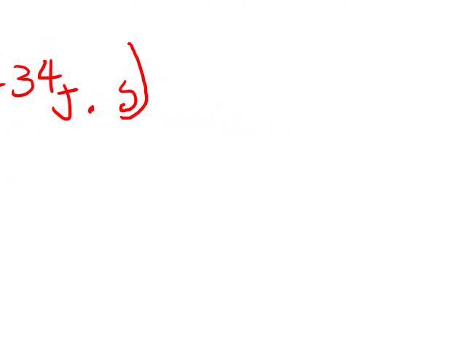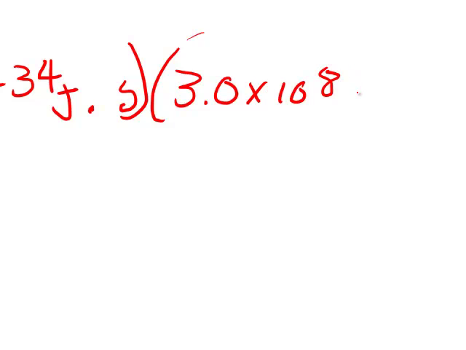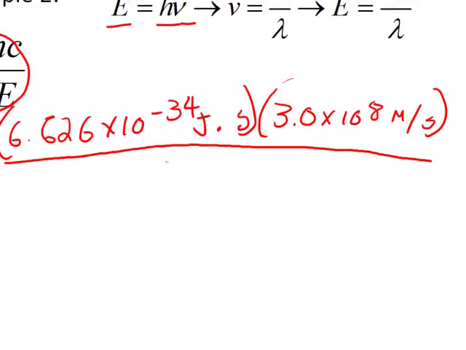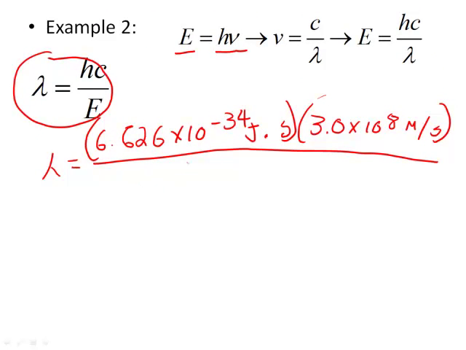I want to multiply that by my speed of light, which is 3.0 times 10 to the 8th meters per second. Then I want to divide that by my answer to the first one, which was 1.633 times 10 to the negative 18th joules.